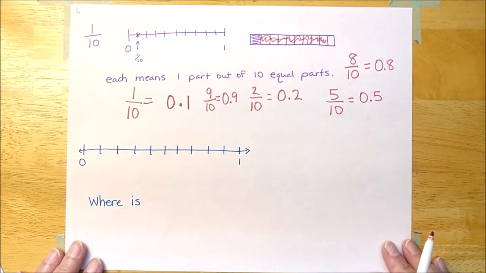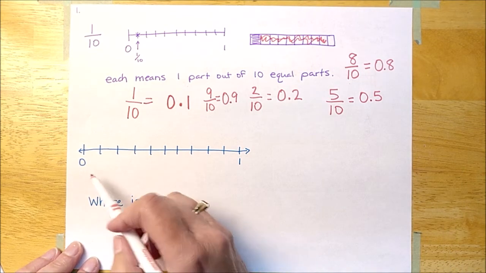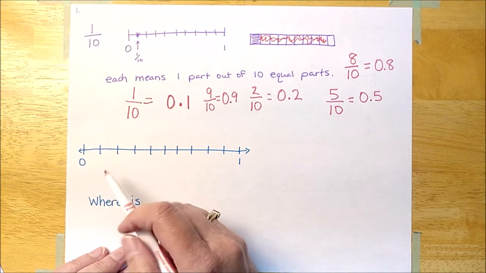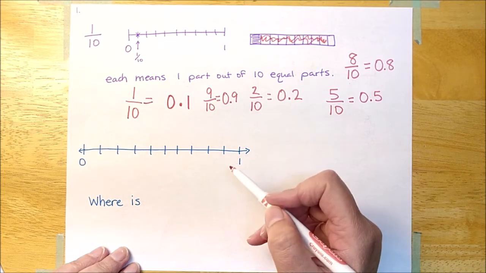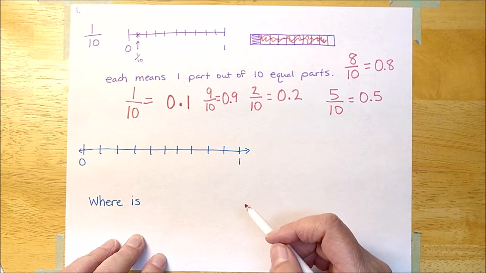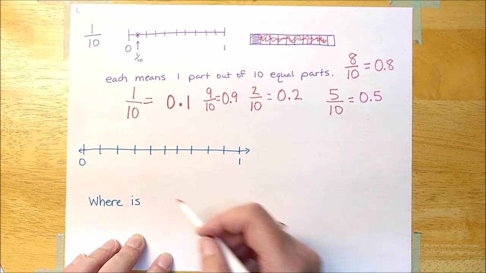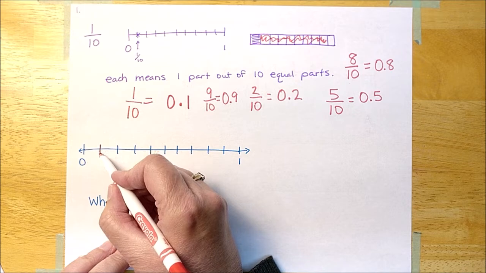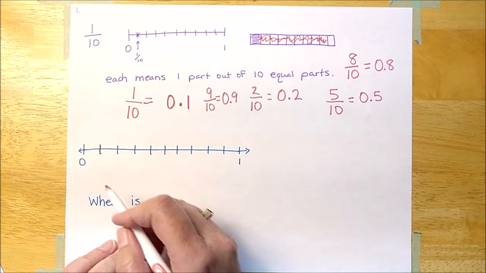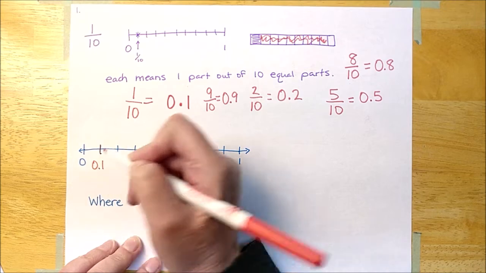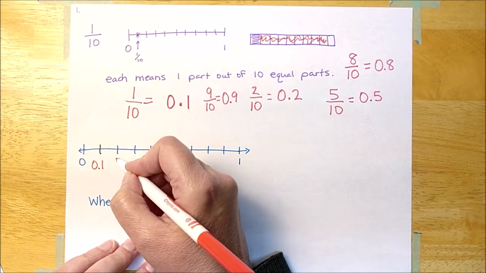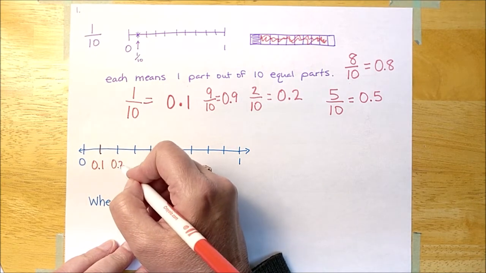So I have this number line, and it's divided into 10 pieces, tenths. This is 0, and there's 1. So what do you think? This would be 1/10, and we would write that as a decimal as 0.1. You're right, this would be 2/10.